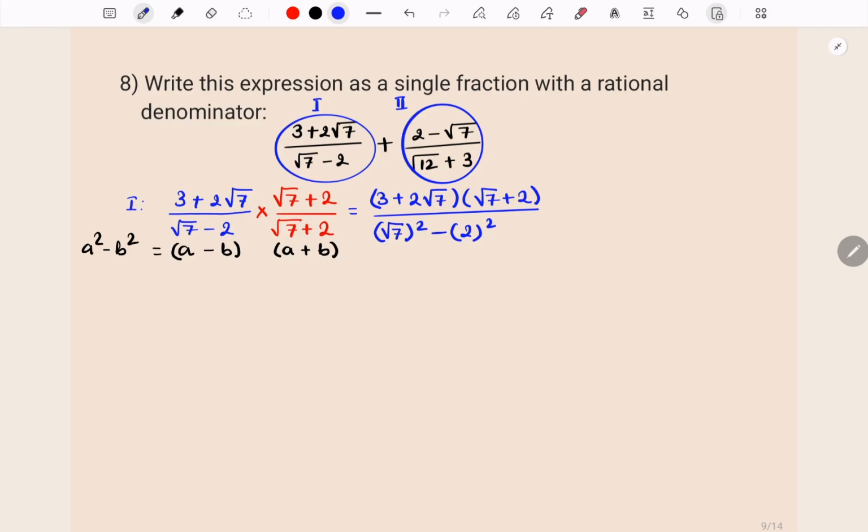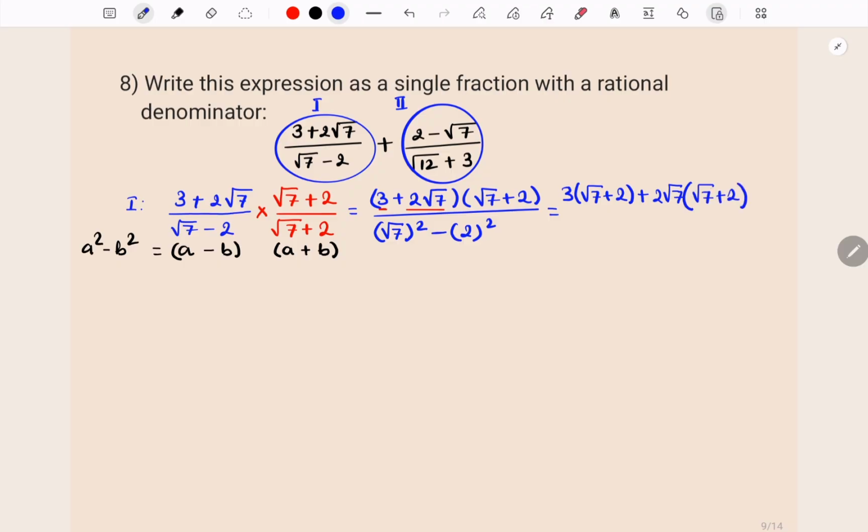Now let's solve the numerator. To solve the numerator, we first take this 3 right here, and we will multiply root 7 plus 2 with it. Now let's take this plus 2 root 7 and then multiply it with root 7 plus 2.